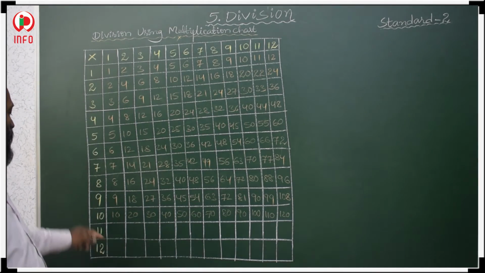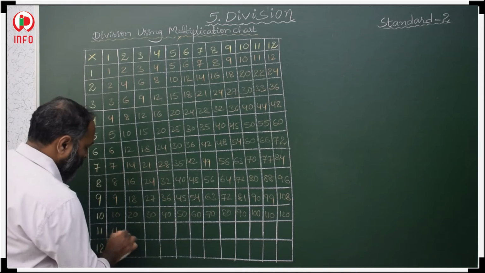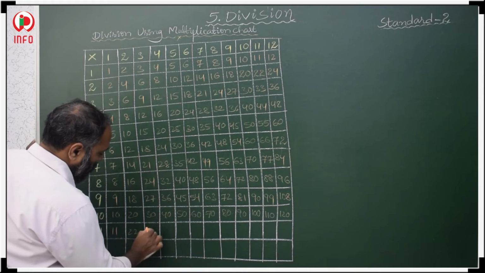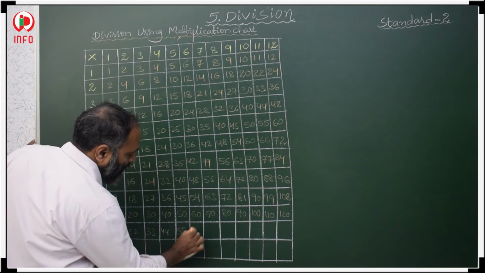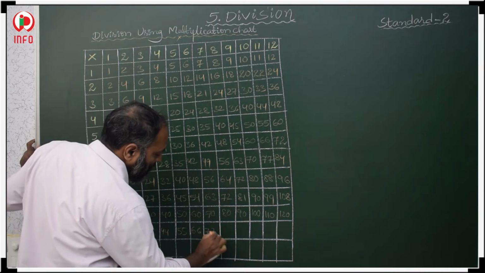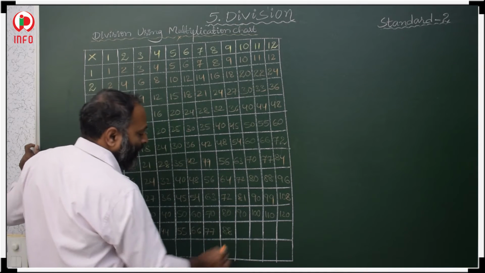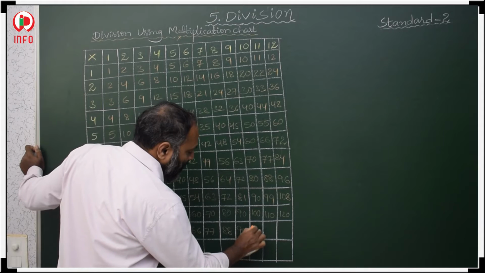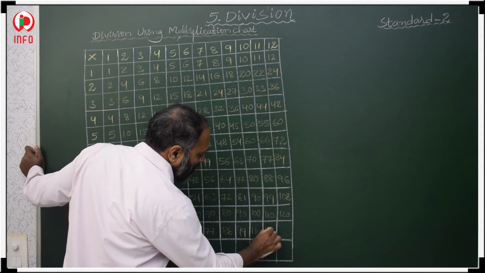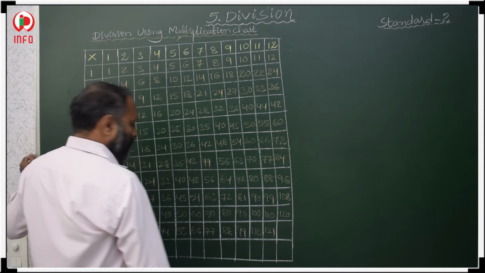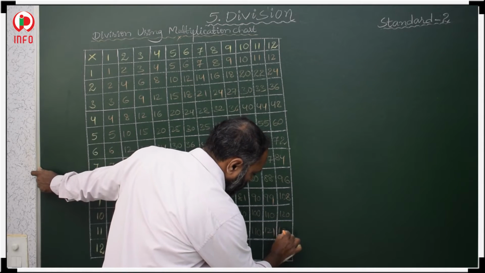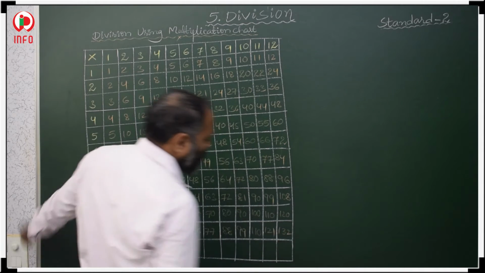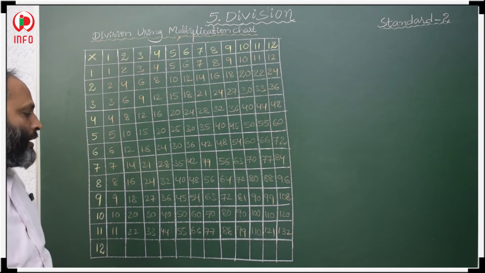Next, 11 table. 11 ones are 11, 11 twos are 22, 11 threes are 33, 11 fours are 44, 11 fives are 55, 11 sixes are 66, 11 sevens are 77, 11 eights are 88, 11 nines are 99, 11 tens are 110, 11 elevens are 121, 11 12s are 132. Okay.